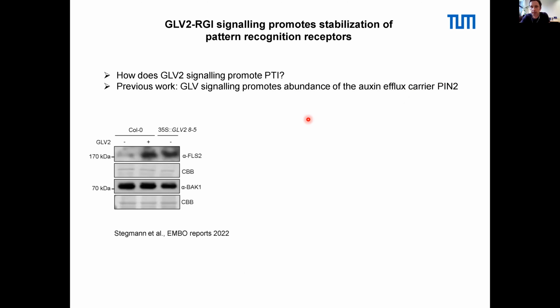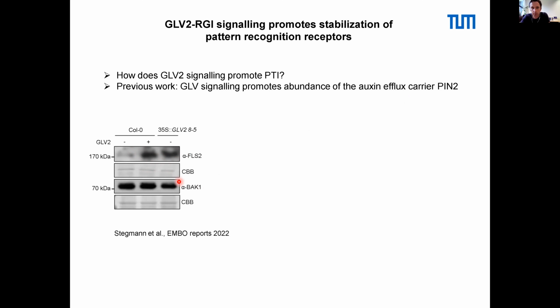And so we tested, because we have native antibodies available, whether Golvin-2 treatment or overexpression may affect the abundance of either FLS2 or its co-receptor BAK1. And indeed, we found that the FLS2 levels, as shown here in the immunoblot, are increased in response to Golvin-2 treatment, which is mimicked also by the overexpression of the peptide precursor.